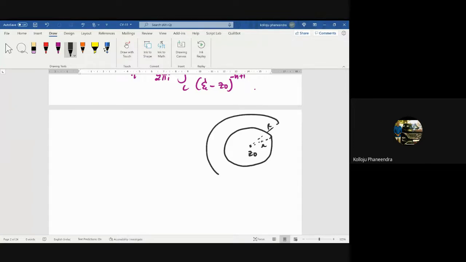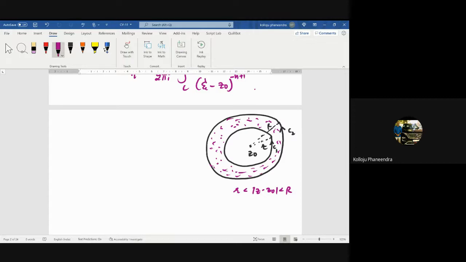The outer circle is C2, and the one with small radius r is C1. So where is the region here? This is the ring shaped region, called an annulus. This is my domain: r less than mod z minus z naught less than R.